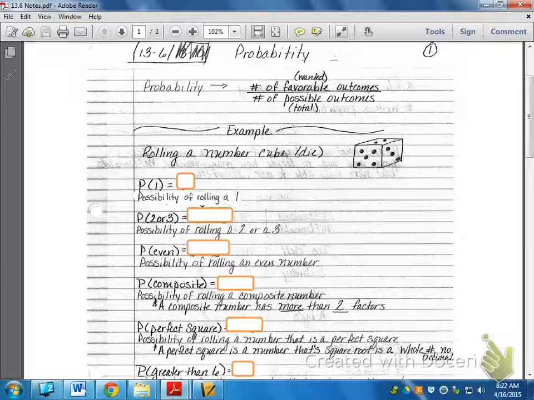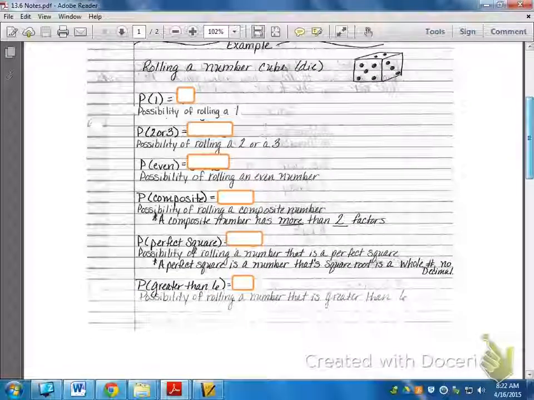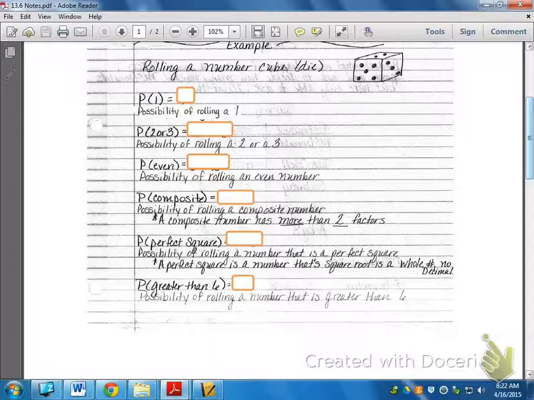actual fractions. So for probability today, I'm going to concentrate on rolling a number cube to get this done. So for this number cube, you don't have to draw that. The capital P means probability, and then you say probability of, and whatever's in parentheses is what you want to find the probability of.